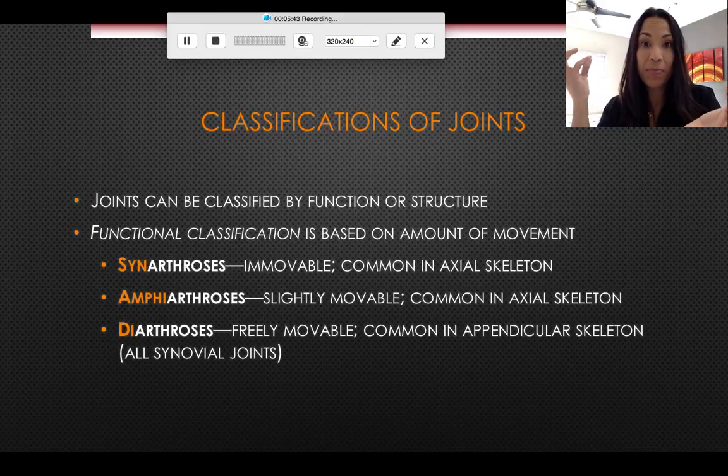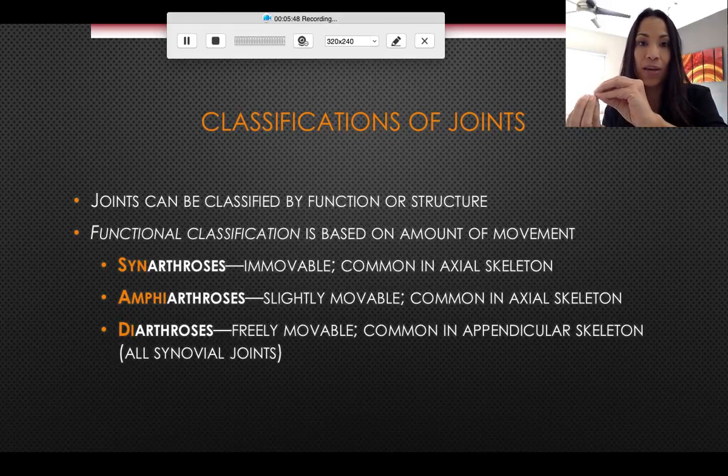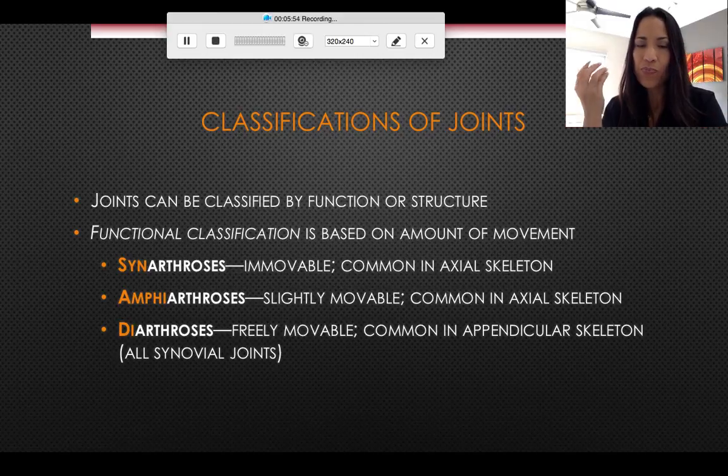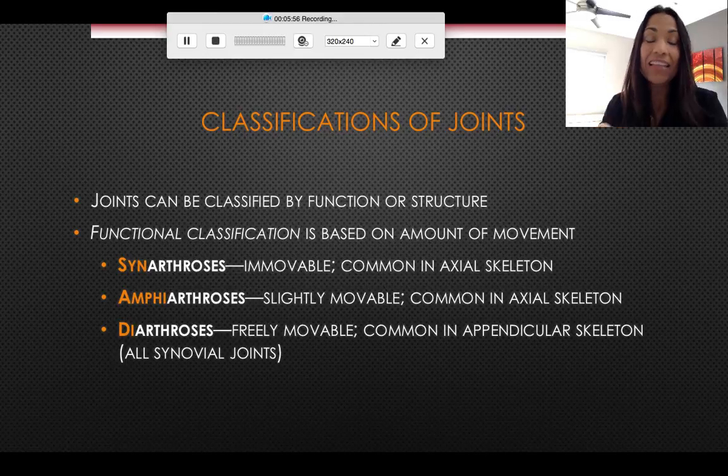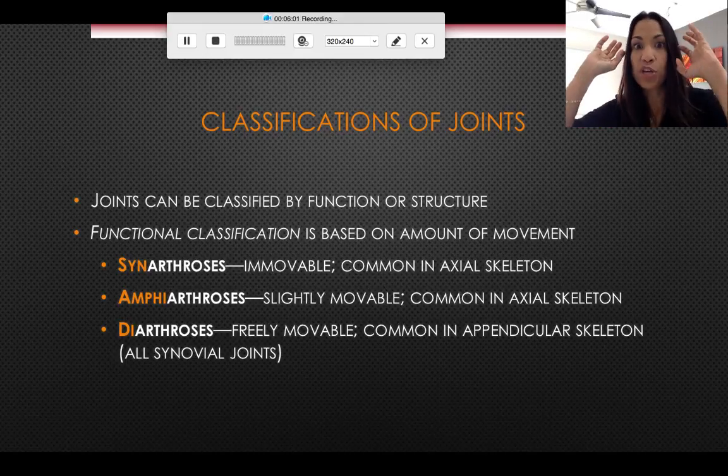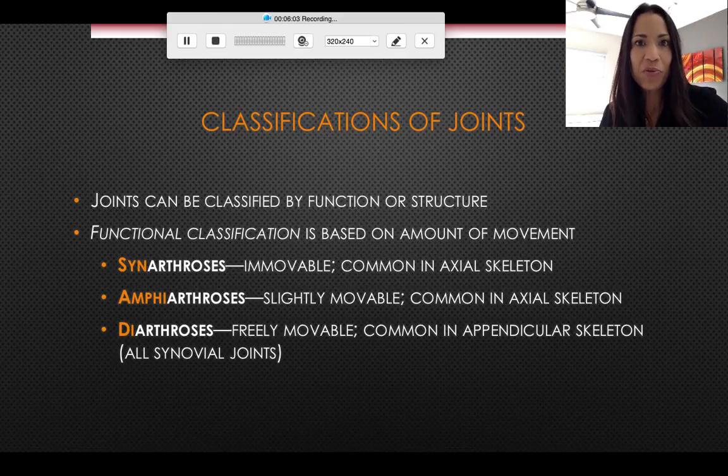We're going to describe a structural joint, and we're going to assign that joint to one of these three groups: a synarthrosis, amphiarthrosis, or diarthrosis. So before moving to the next slide, I want you to master, memorize, understand this. It has to be on the surface of your brain.